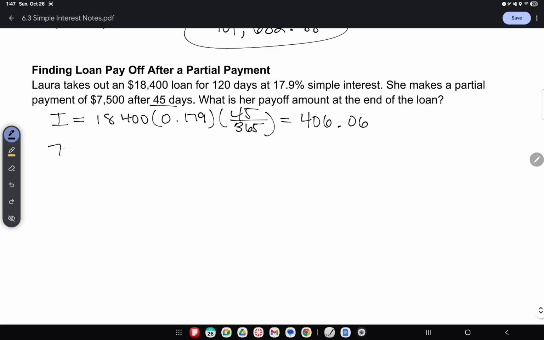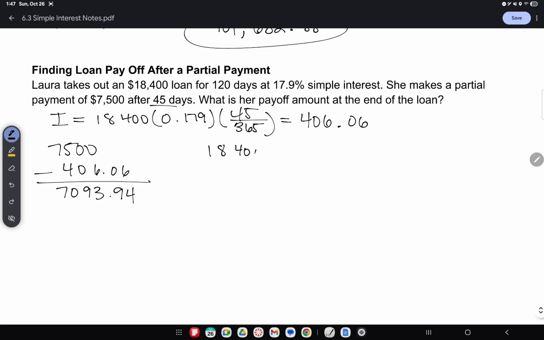So then we'll take that 7,500, subtract off the amount that's going to interest. 7,500 minus 406.06 leaves me with $7,093.94 going towards the loan.